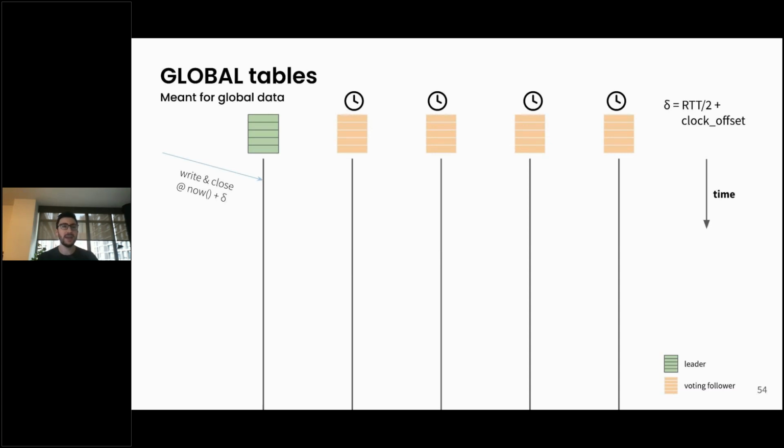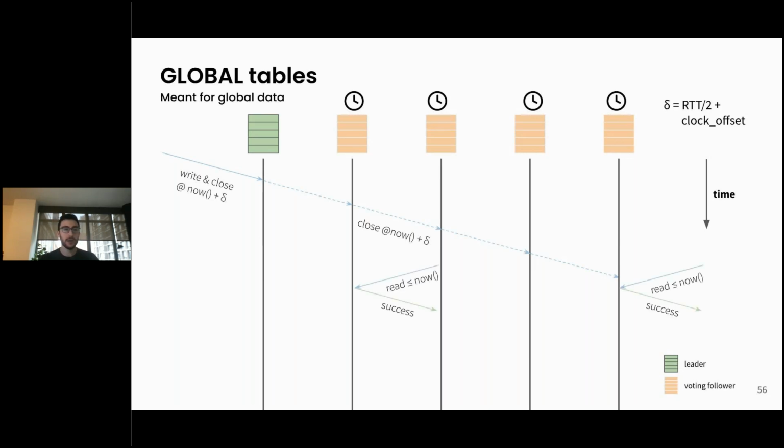And this actually turned out to be a natural extension of what the system was already doing. The key idea here is that we push the timestamp of writes on these tables into the future. And we also push the publication of close timestamp notifications into the future. Remember that these are the notifications that a leader sends to its followers to tell them how far in the past they're allowed to read.